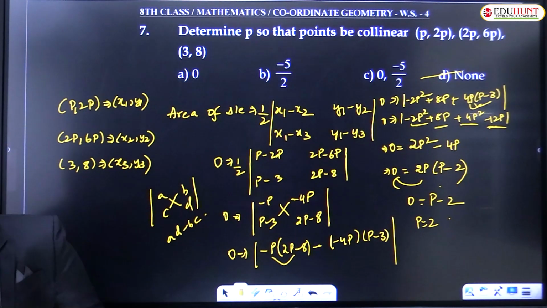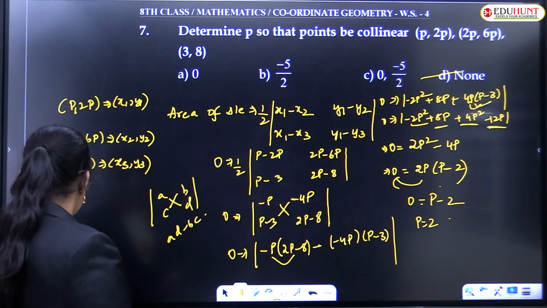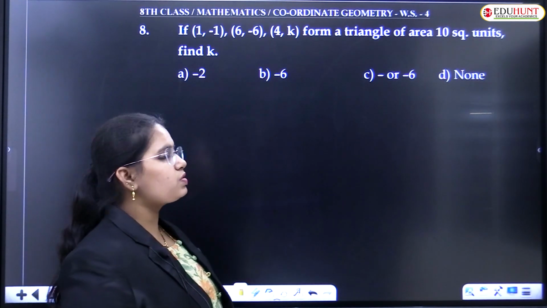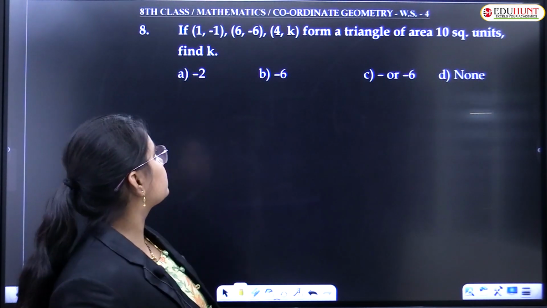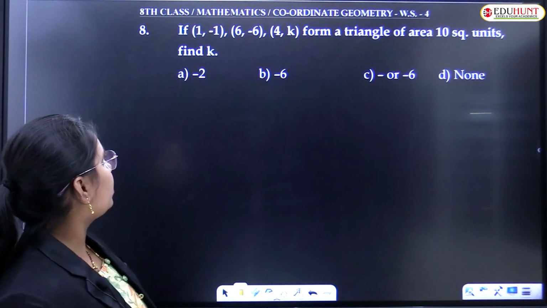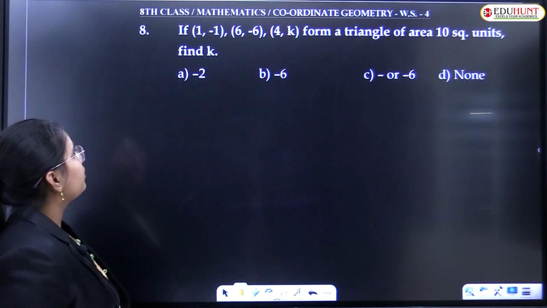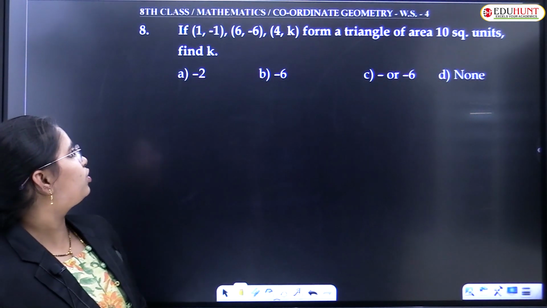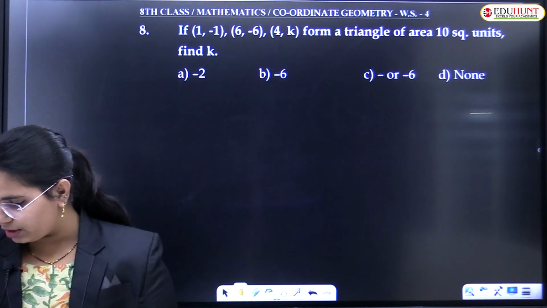So what is my next question? If 1 comma minus 1, 6 comma minus 6, 4 comma k form a triangle of area 10 square units, then find the k. You need to find the value of k. Again they have given you the 3 vertices over here.